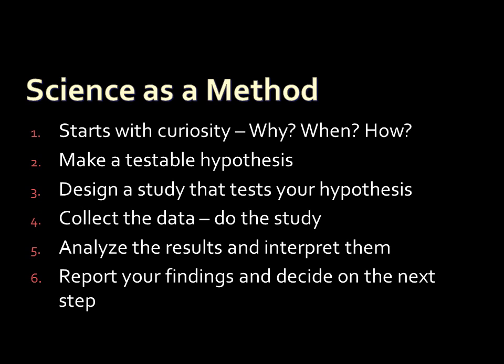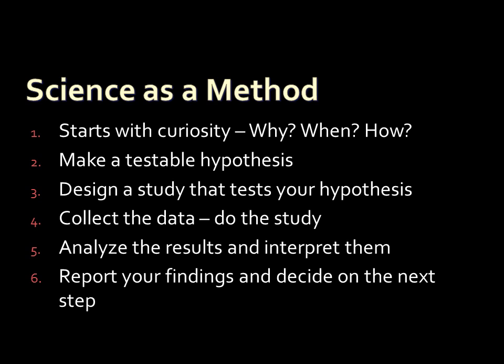In the last step, the researcher shares his or her findings, and this is done by publication and by presentation at conferences, because science is essentially a public activity, and it's important to share the results. The results then go on to inform the decisions about what to do next.